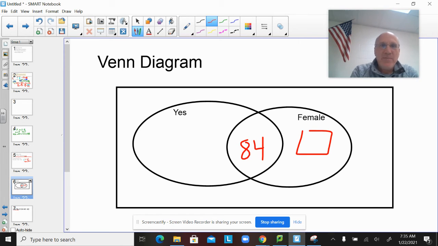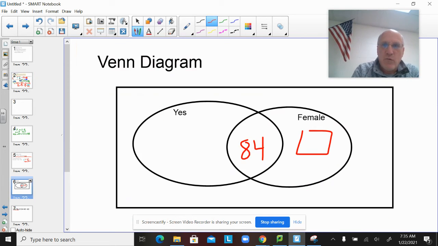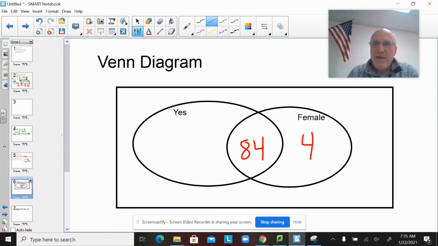So in that section, I need the females who are not yes, which is just those four. Let me erase my square and put a 4 here. If I put a 4 here, what does that make the total number of females? That's 88, 84 plus 4.